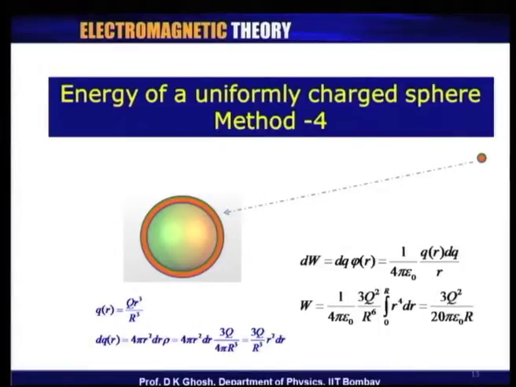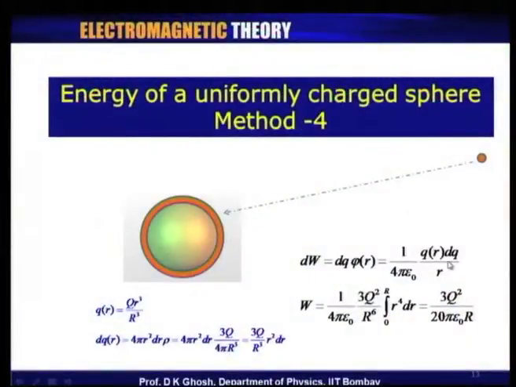So, what is my total amount of work done in assembling this entire charge distribution? This W is then simply the integral over the sphere from radius 0 to radius capital R, and this is all I need to do.